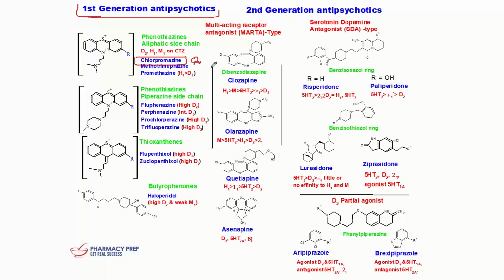Chlorpromazine is a first generation antipsychotic, chemically a type of aliphatic phenothiazine, with a side chain called aliphatic. So this is one of the oldest antipsychotic drugs.